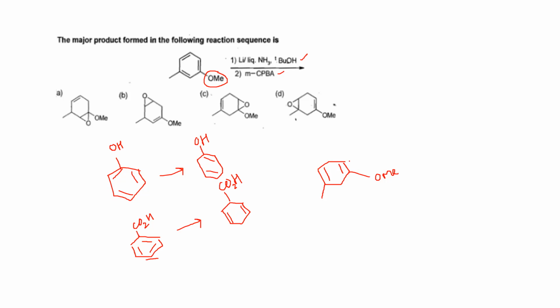group. Now the next reagent is mCPBA, and we know whenever there is a double bond and you are adding metachloroperbenzoic acid, what happens? It performs epoxidation. But this reagent is prone to epoxidize that double bond which is electronically rich. Whichever double bond is electronically rich, that double bond reacts faster with mCPBA.